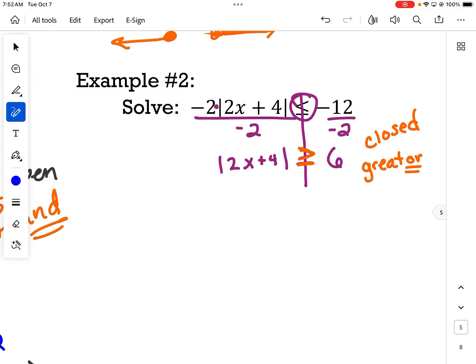Okay, so we need to write two equations. So 2x plus 4 equals 6. And then, so it's going to be "or," 2x plus 4 equals -6. So even though we have the inequality symbol, when we solve the absolute values, we say they're equal, so we can figure out those two numbers that we put our circles on.